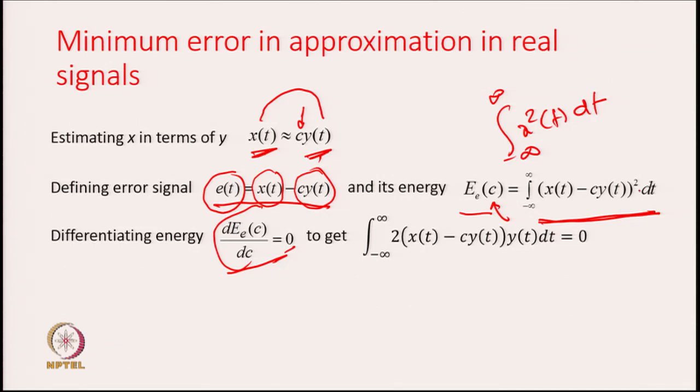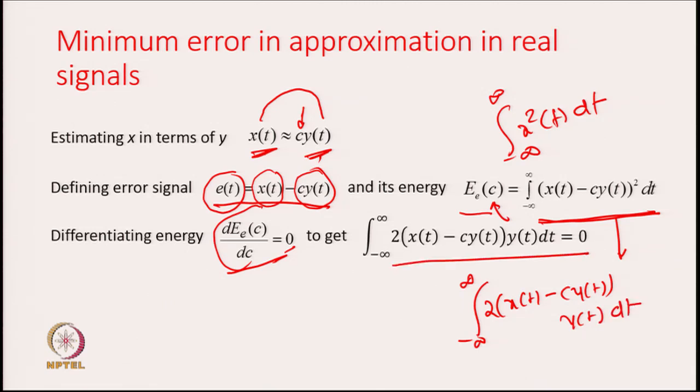So, I differentiate this with respect to c, and what I get is 2 times x(t) minus c y(t), into y(t), and I can set this equal to 0 and obtain the value of c.